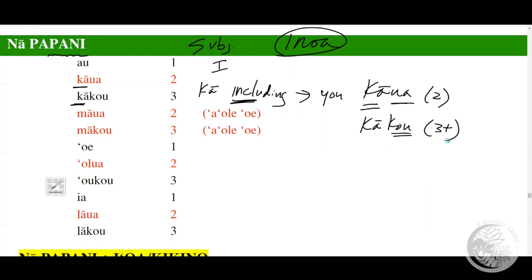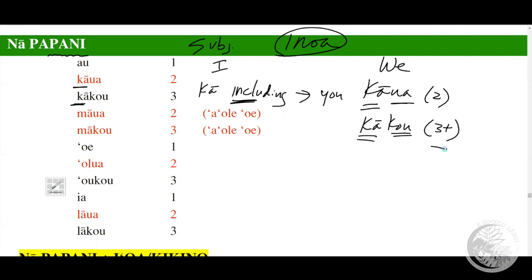So in Hawaiian, as you see, the word we has multiple meanings. Whereas in English, when I say we, we're not really sure at all exactly which we we are talking about. So we becomes the plural of both 2, 3, 4, and 5. In Hawaiian, we make a distinction between 2 of us, we, and 3 or more of us, we. Hence the words kaua and kako.